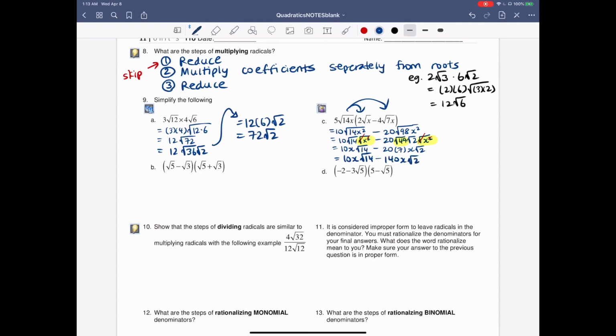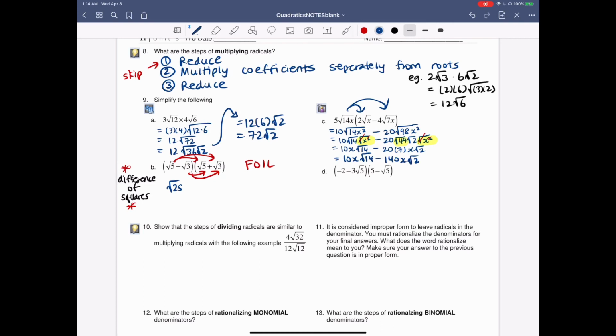Okay, part B. So keep in mind that we have FOIL going on, and we're dealing with difference of squares. So I have square root of 5 times 5 is square root 25.